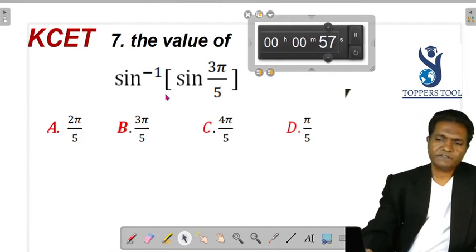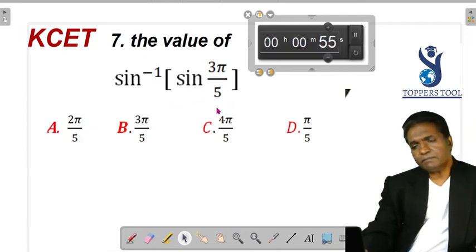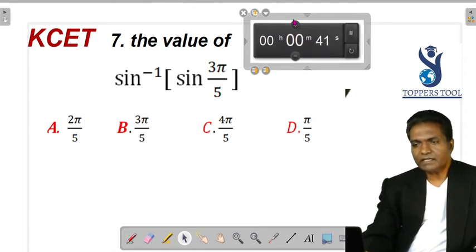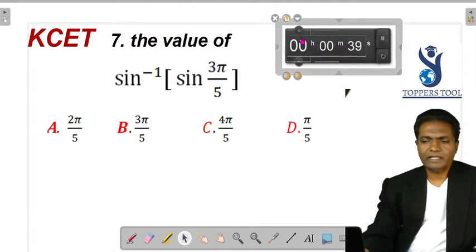The value of sine inverse of sine 3 pi by 5. A little bit tricky. If you have any idea, use that, otherwise I will help you.